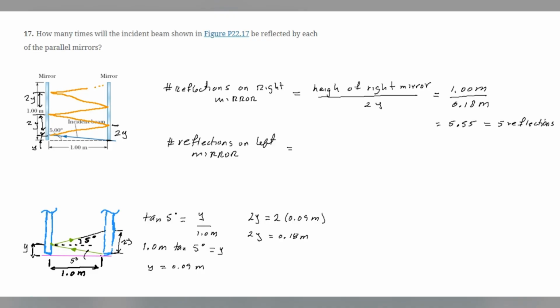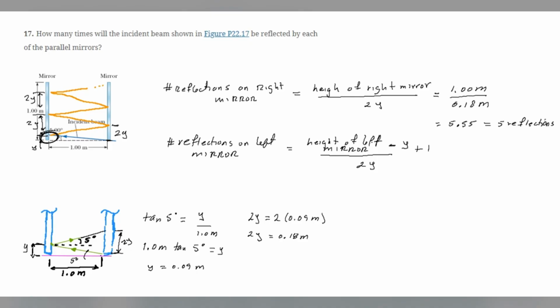Of course, you have to remember that you had the first reflection here, and you have to add it to the number you calculate. So the number of reflections in the left mirror will be the height of the left mirror minus y, over 2y, plus 1.